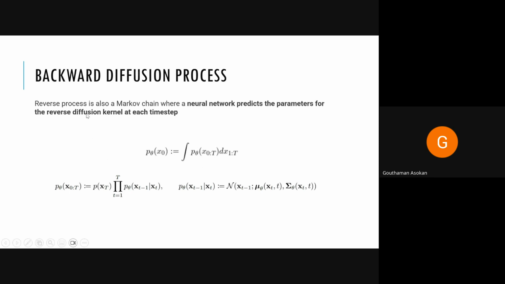The main thing to understand in the backward diffusion process is, let's take for example we have this xt and we try to determine what this xt minus 1 image is. For that we are trying to model a distribution where we find the mean and covariance, and this mean and covariance is modeled with the help of a neural network where the input parameters are this particular noised image and the time step.